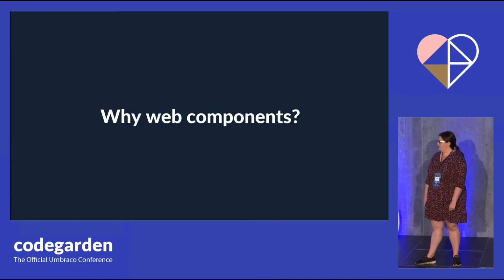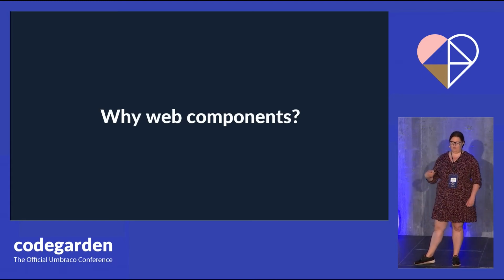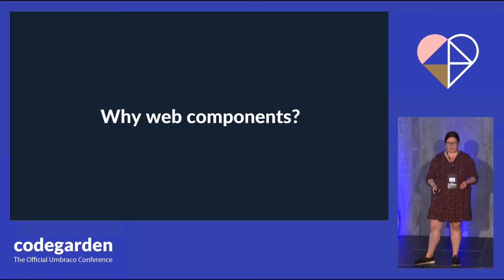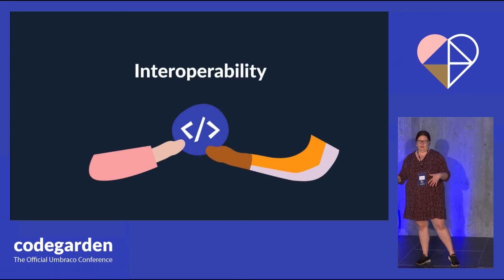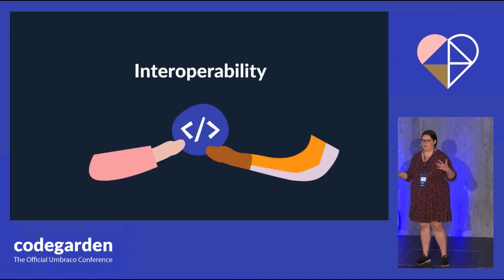So why did we decide to go with web components in so many places? First of all, because our CTO loves them, but that's not the only reason. The great thing about web components is they are interoperable.